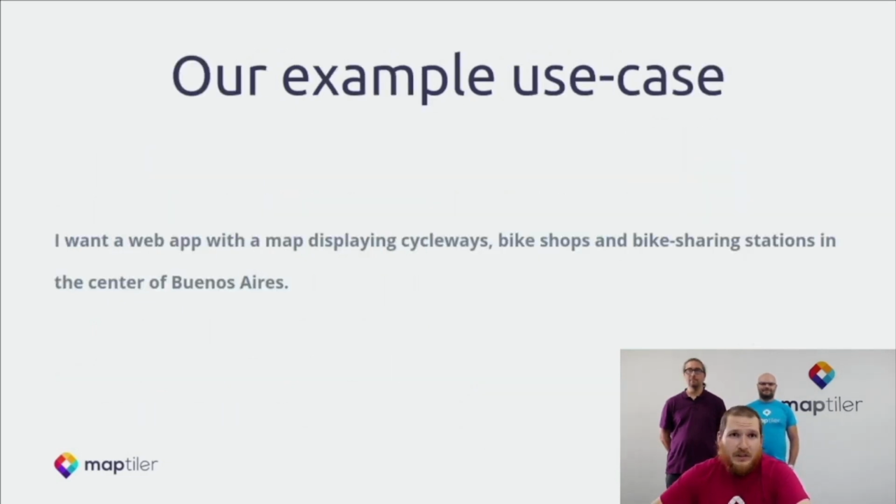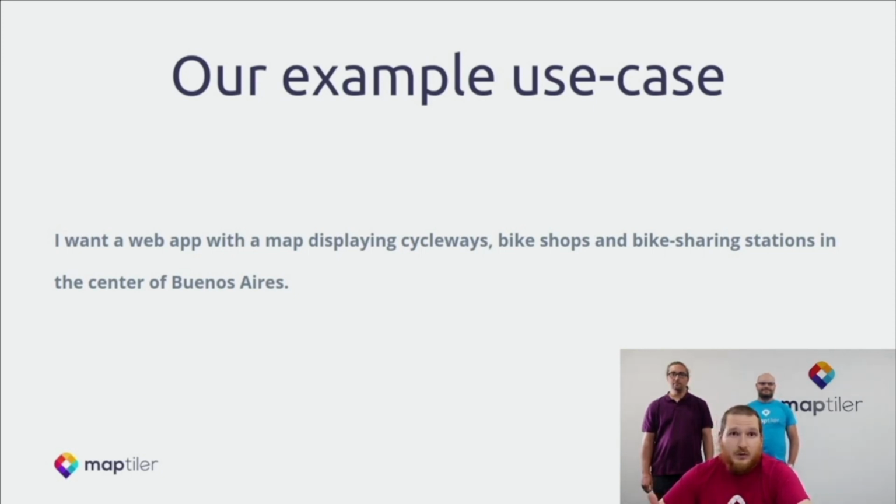Okay, what will be our use case? Let's say that I'm a bike enthusiast. I'm at the FOSS4G conference in Buenos Aires, and I want a web app that displays cycleways in the center of Buenos Aires. So I want a map with cycleways. But because I have a really old bike, there is a pretty high chance that my bike breaks down and I will need to repair it or maybe even use a shared bike.